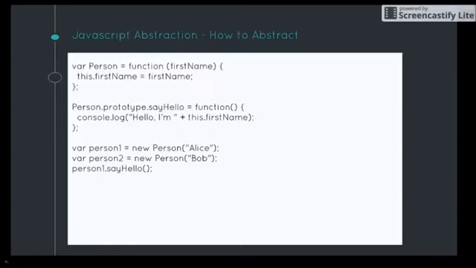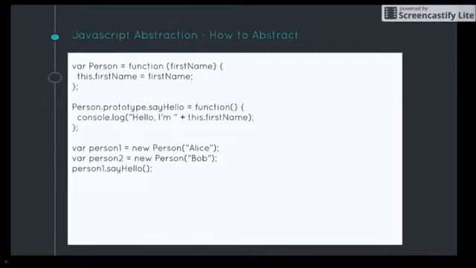Then, when we put things on the prototype, we're allowing these objects, functions and variables to be inherited. So we create something called sayHello, which is a function. It then logs out the first name: I am hello, I am first name. Then we create two new objects based on person. The first person we give the name Alice, the second person Bob.